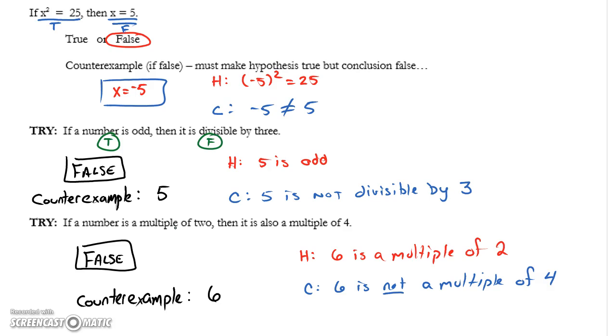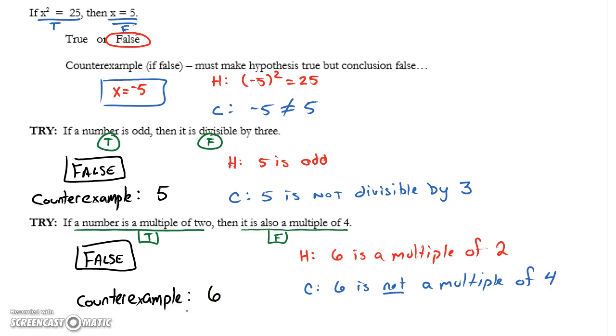The second one is also false because I can come up with a number, for example 6, which is a multiple of 2, making my hypothesis true, but it is not a multiple of 4, making my conclusion false. True hypothesis, false conclusion means false conditional statement, making my counterexample 6 in this case.